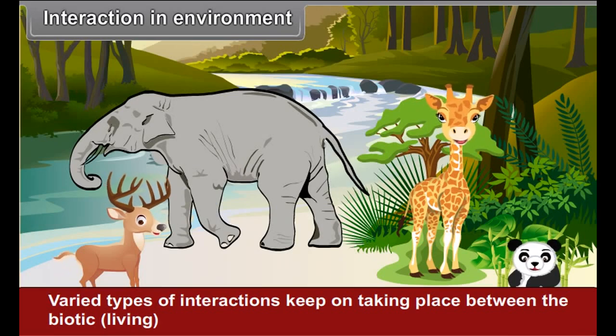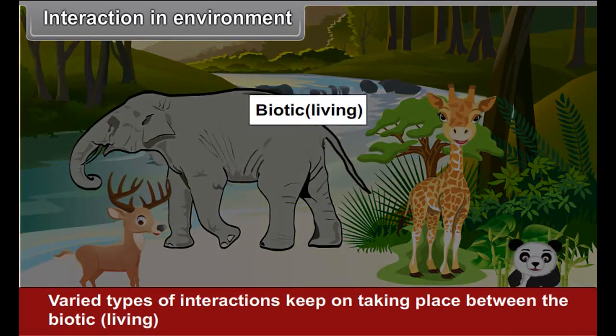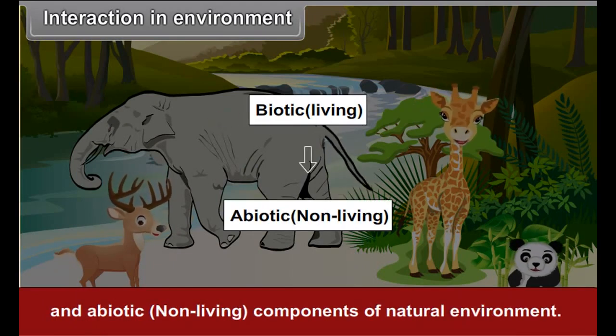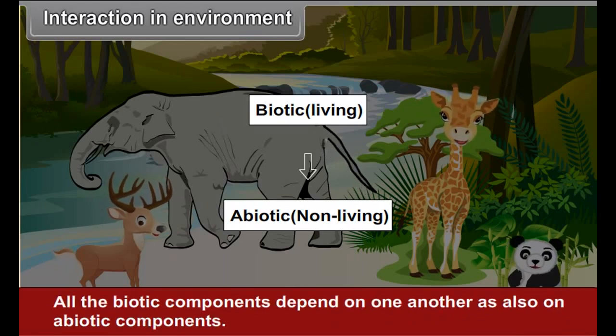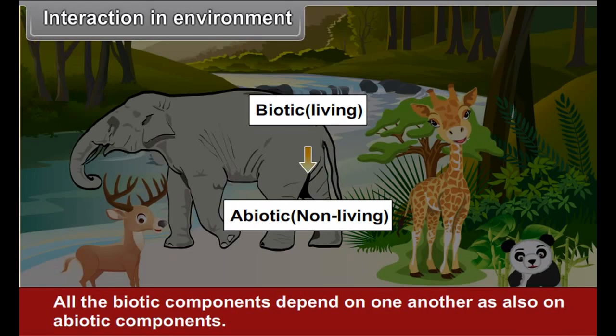Interactions in environment. Varied types of interactions keep on taking place between the biotic, that is living, and abiotic, that is non-living components of natural environment. All the biotic components depend on one another as also on abiotic components. We constantly breathe in and breathe out air.